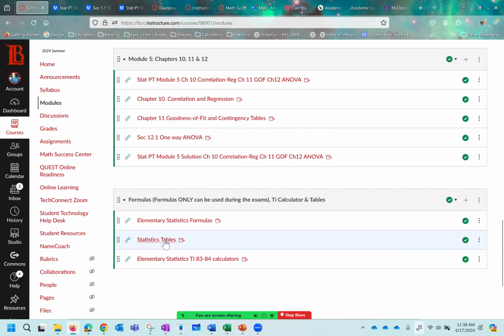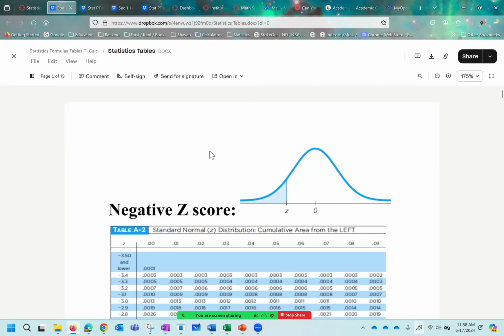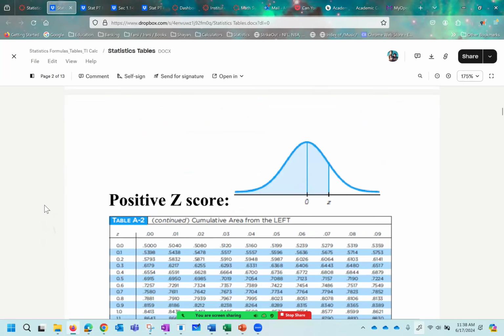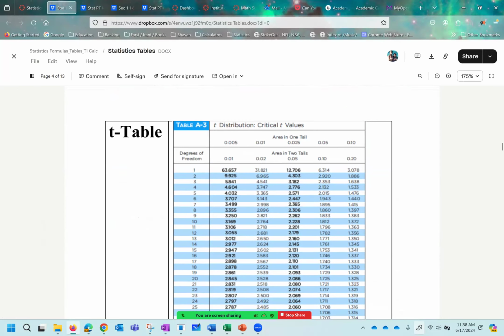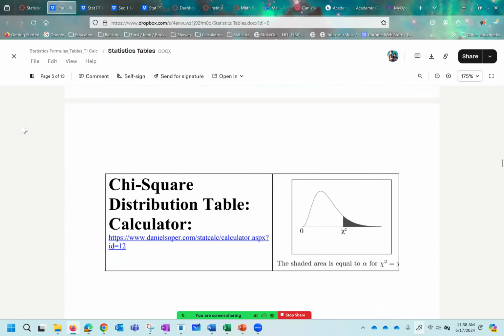You can use the tables, and these tables you can find online as well. For example, the z-score table, the t table, chi-square table, and so forth and so on.